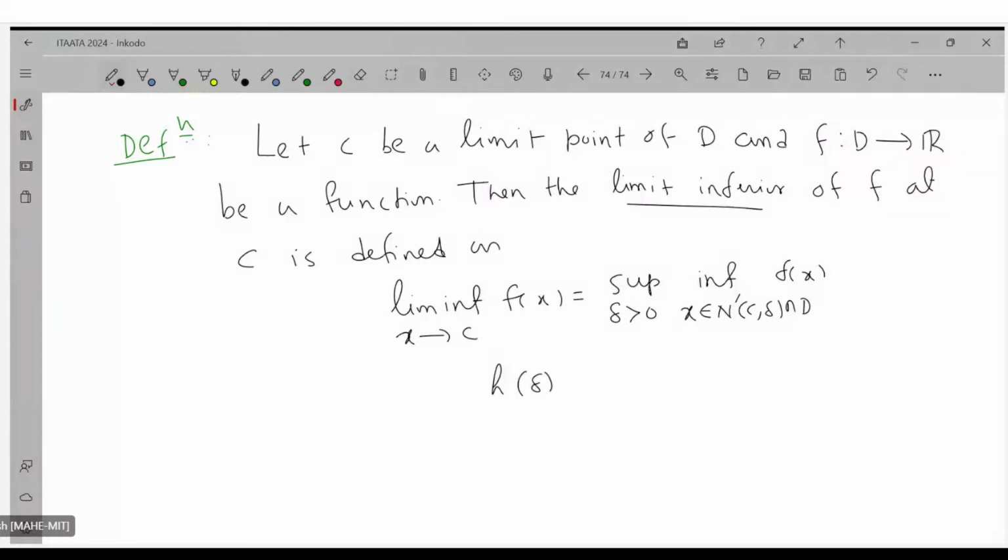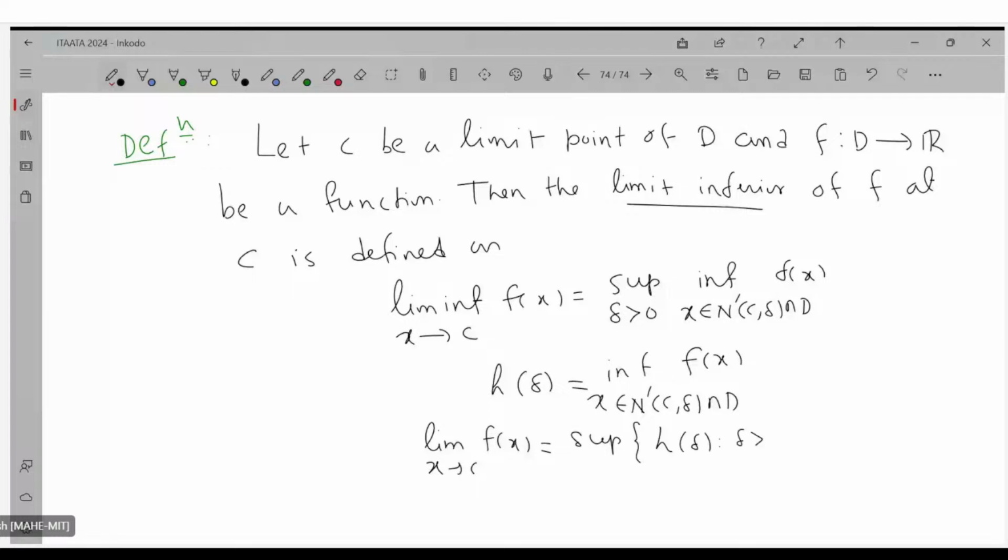We are defining h of delta as the infimum over x belonging to the delta deleted neighborhood of C. We are calculating this infimum value, then we are taking the supremum of this set. Then this lim inf is nothing but the supremum of the set h of delta such that delta greater than 0.